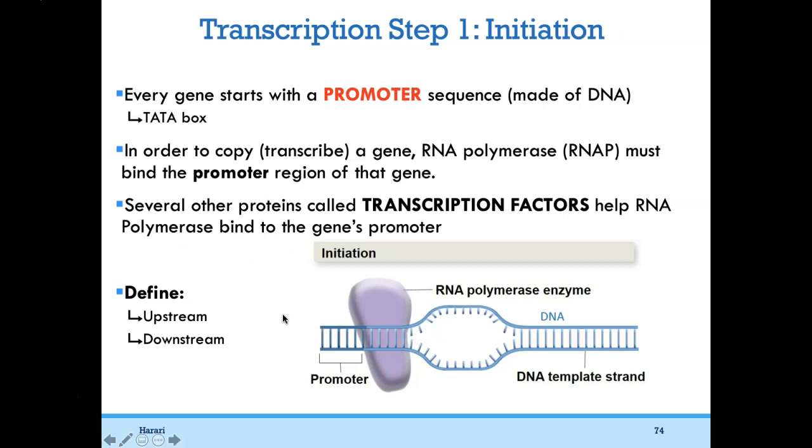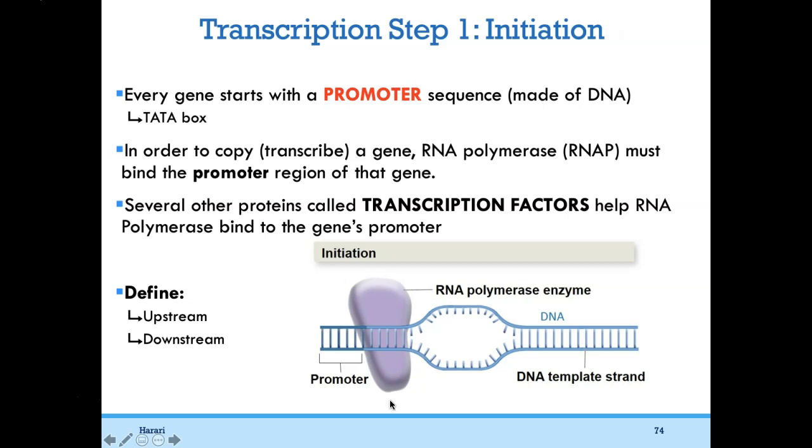And in order to initiate transcription, RNA polymerase must bind to the promoter of this gene. So RNA polymerase recognizes the promoter of a specific gene, and several proteins called transcription factors can help RNA polymerase either bind to the promoter or be repelled from the promoter.